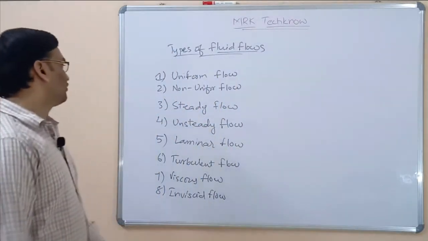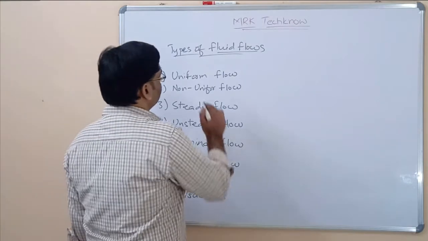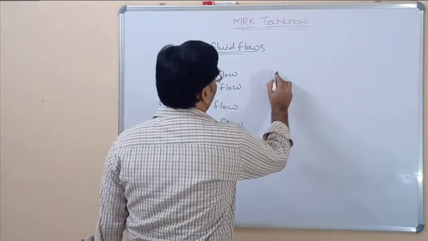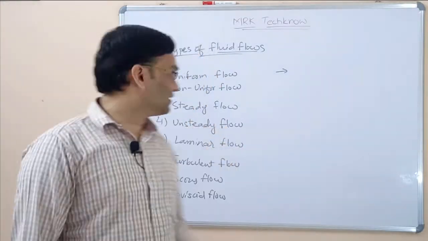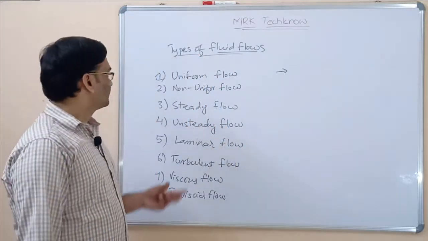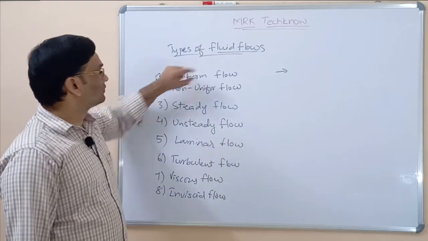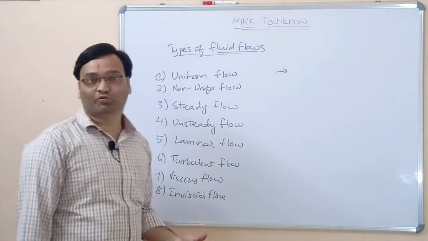So here, uniform flow and non-uniform flow. Uniform in the sense some parameters, which are basically the fluid flow parameters, are remaining uniform. Remaining uniform with respect to what?